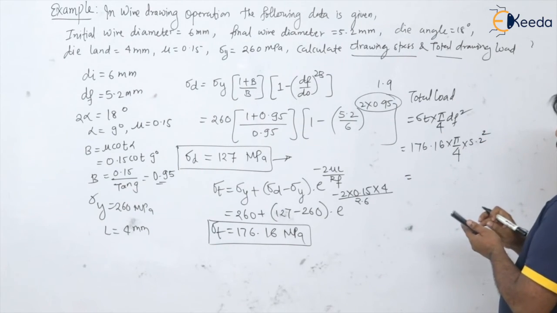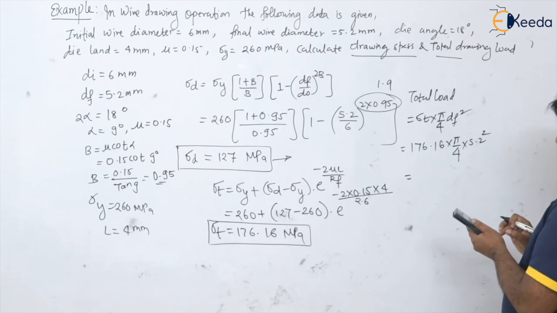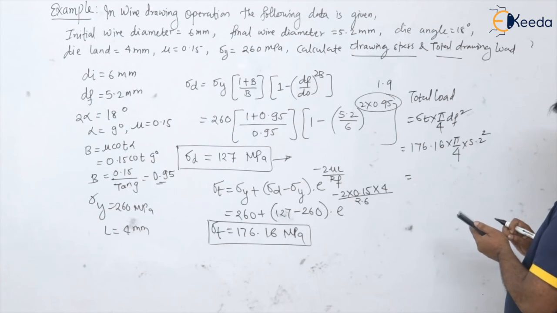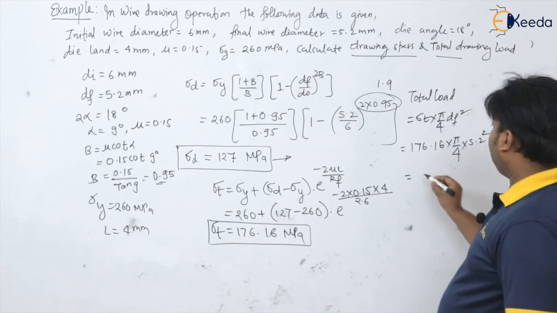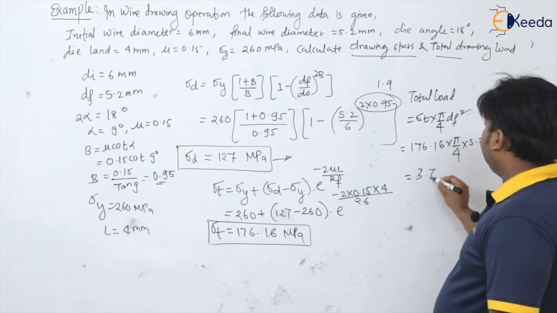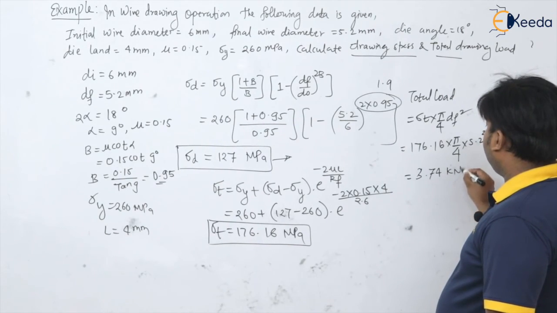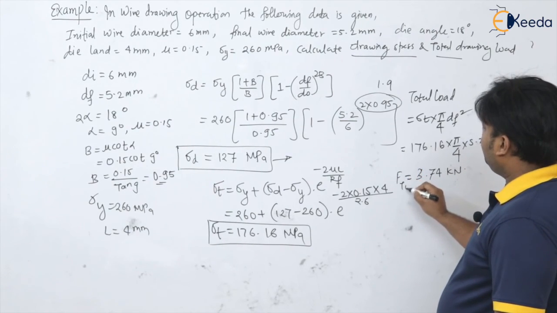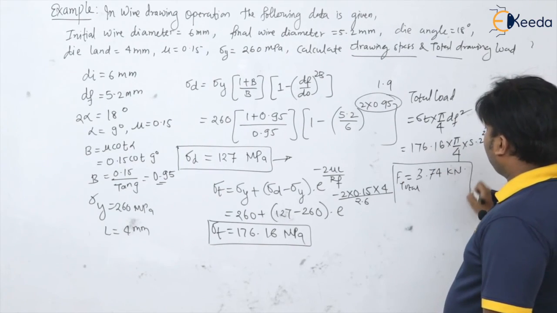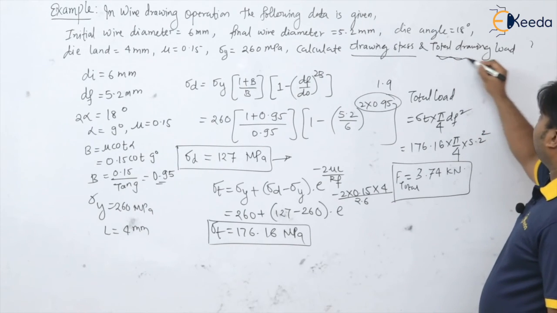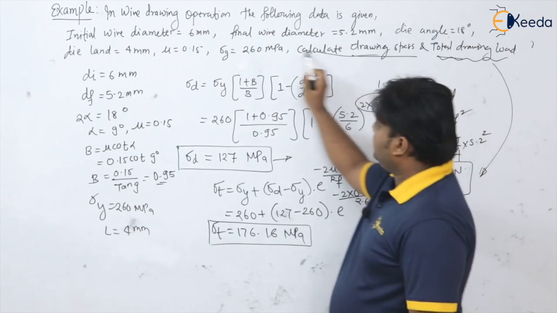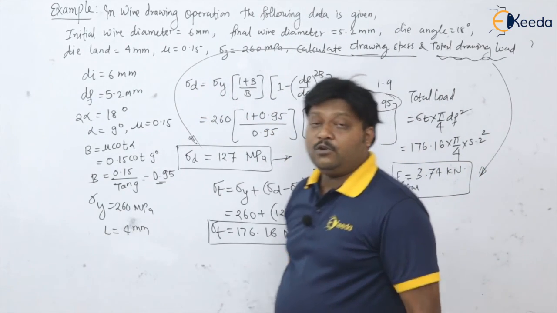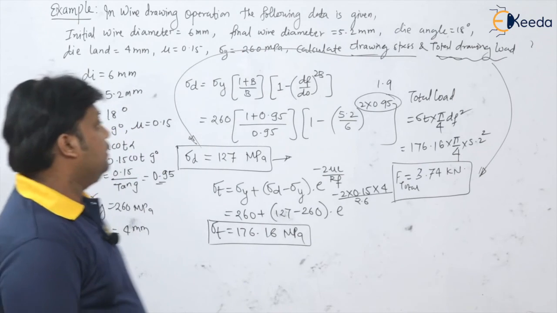So it is 3.74 kilonewton. This is F total, the total drawing load we have calculated. And the drawing stress we have calculated earlier.